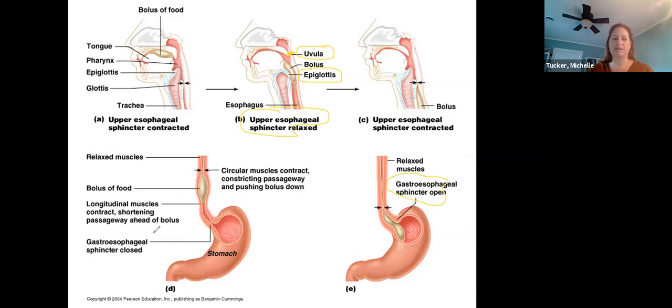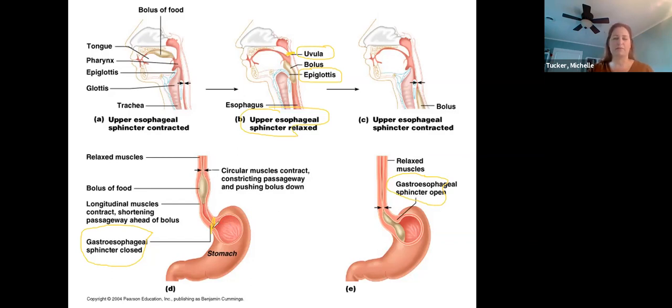So both of the esophageal sphincters at rest are closed. The upper prevents air from entering, and this lower esophageal sphincter, also known as the gastroesophageal sphincter, prevents the gastric juices from going up into the esophagus and burning the lining.